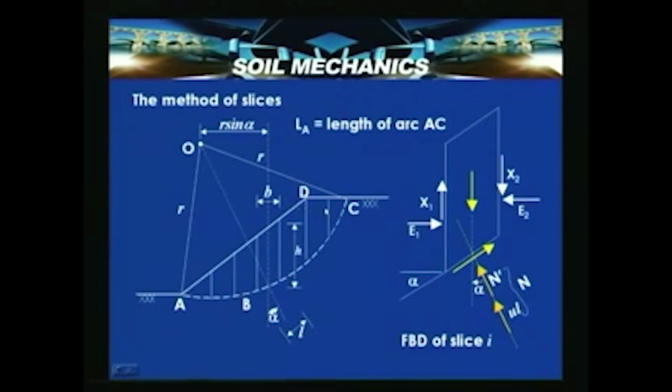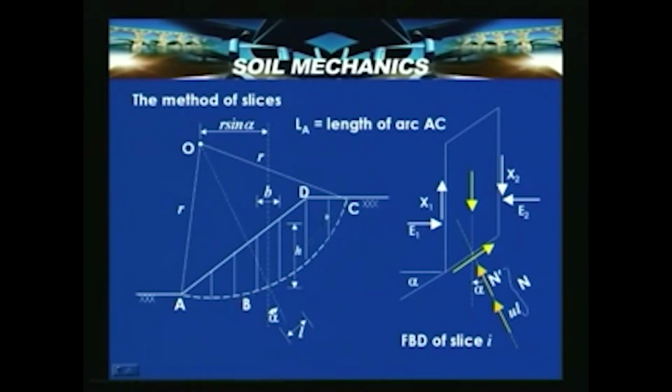So, here what we did is that this particular portion of soil A, B, C, D is cut into slices of equal width. So, here this is the width of the slice horizontally, and this is the height of the slice. The assumption is that the weight of the slice is assumed to act at the center and at the base. So, for this slice, the weight will be acting at the center line of this particular slice. h is the height of this slice, b is the width horizontally, and L is the length along the slip surface.